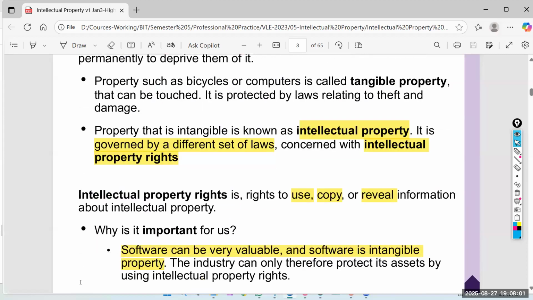Right. So that is why all over the world, every country, there are intellectual property laws. And at international level, there are agreements related to intellectual property laws. Because this is often cross-country, cross-border. Okay. So very easily someone can violate the copyrights of another person in a different country.